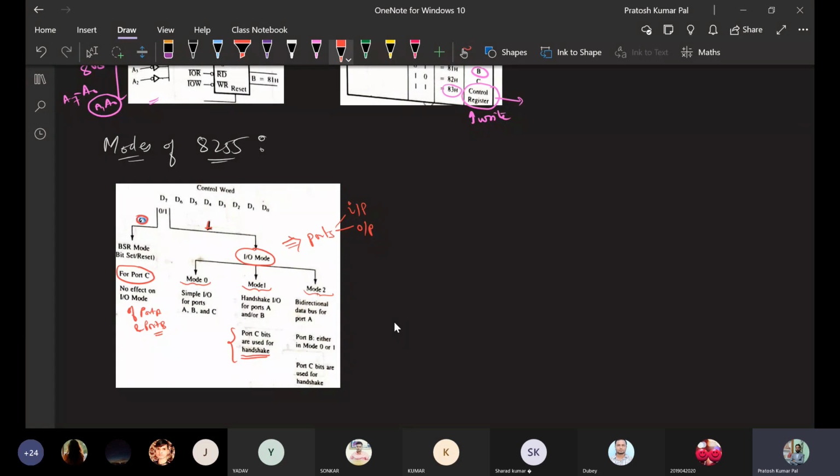So port B will be working as an input output port, or as an input output port with the help of port C as handshake signals. So in mode 1 and mode 2, port C will be working as handshake signals.